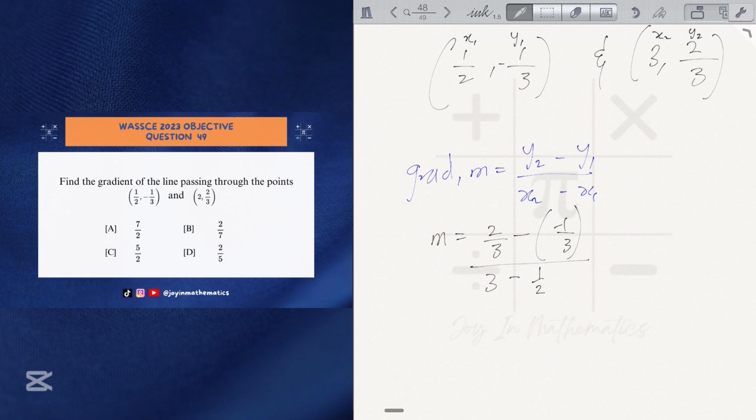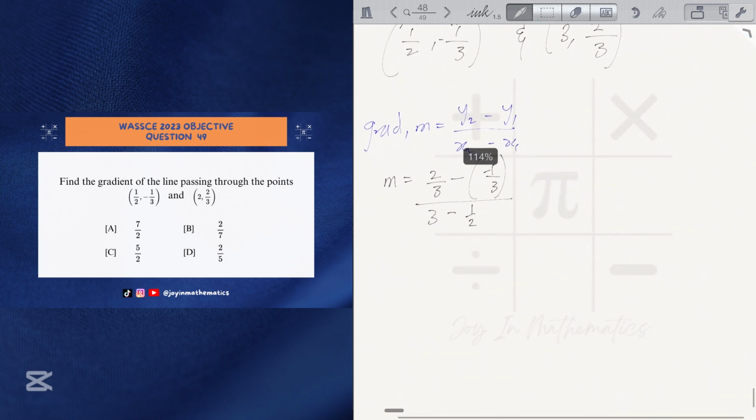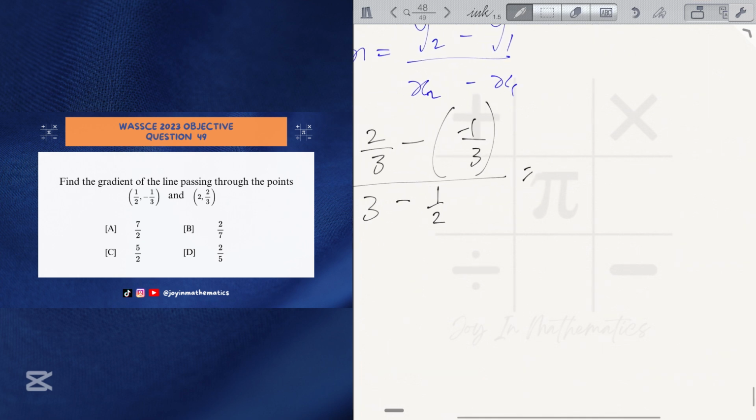So what we just have to do now is to solve this expression of gradient M. So M now will be equal to 2 over 3, negative and negative will result into positive, plus 1 over 3, and this will be minus 1 over 2.